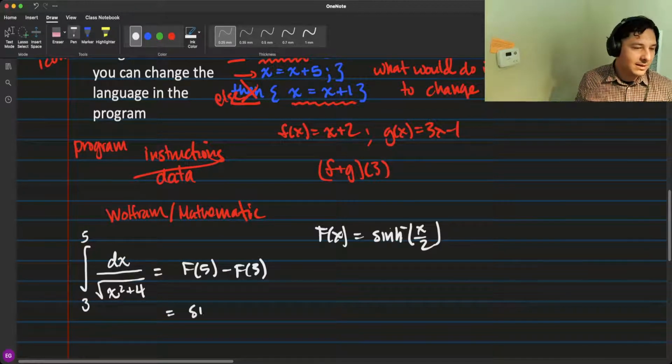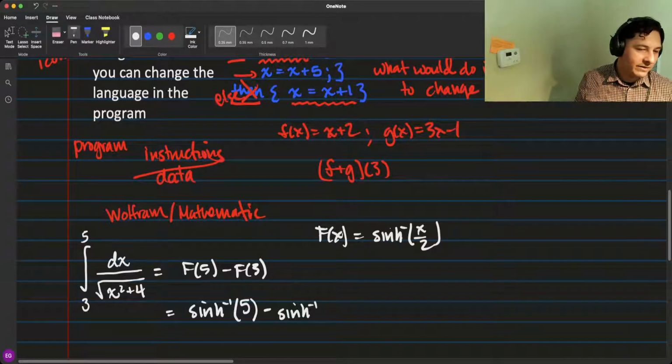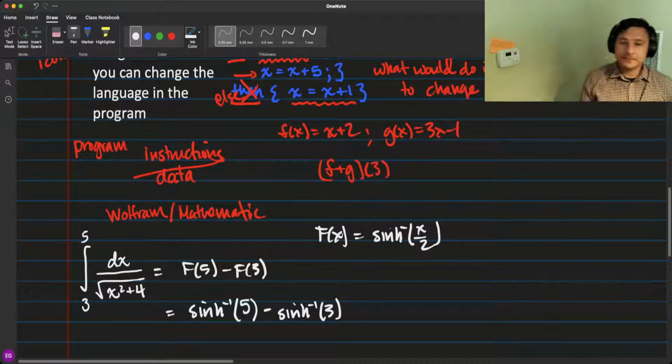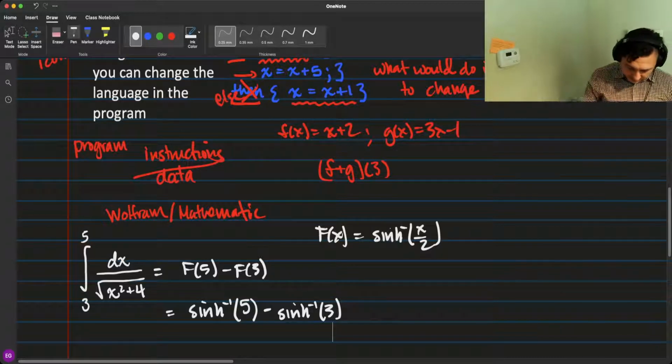So you just see, okay, inverse hyperbolic sine of 5 over 2 minus the inverse hyperbolic sine of 3 over 2. You plug that into your calculator, bam, you got an answer. That's really all there is to say about this section. This was section 3.5 in the book. Wolfram is really nice.